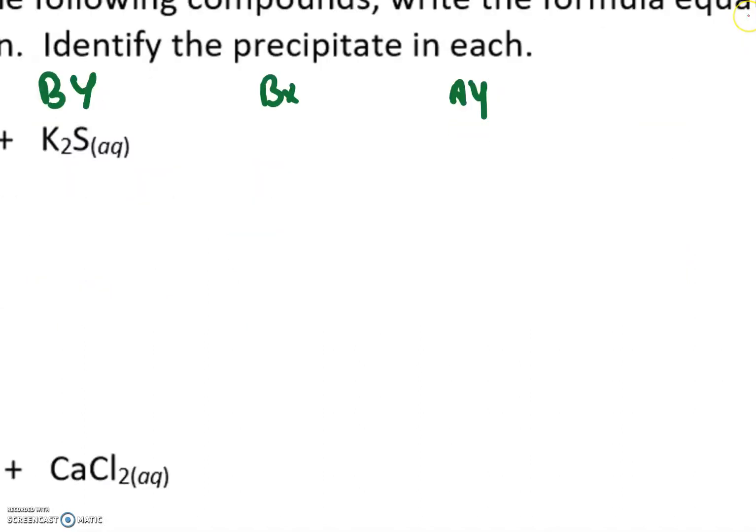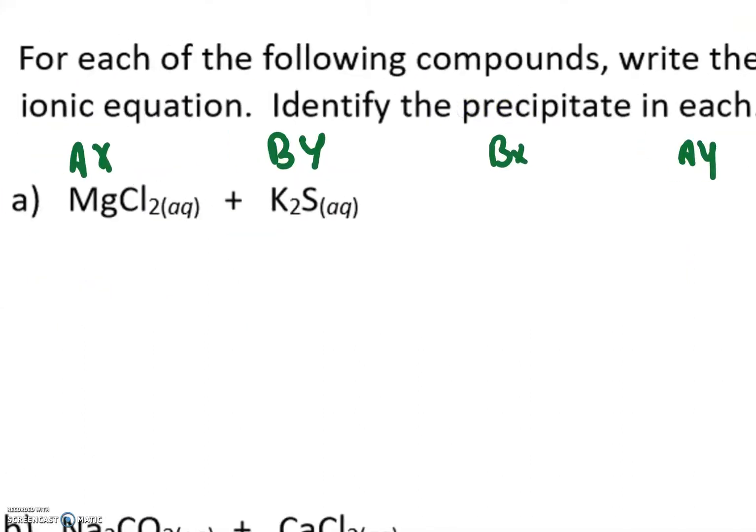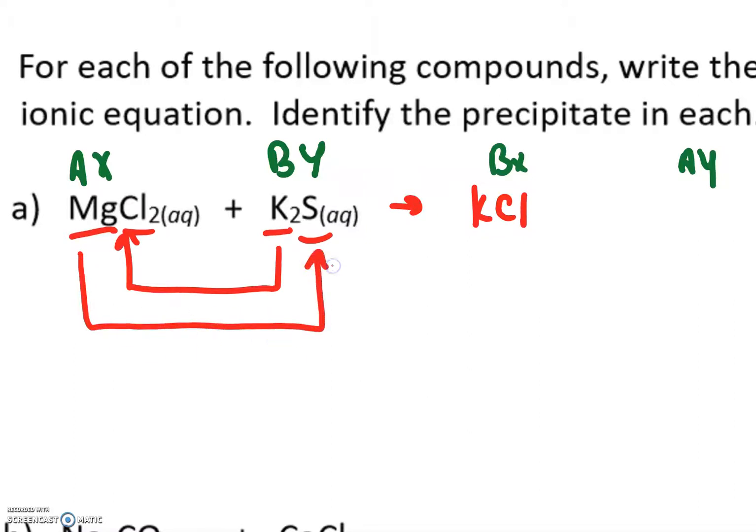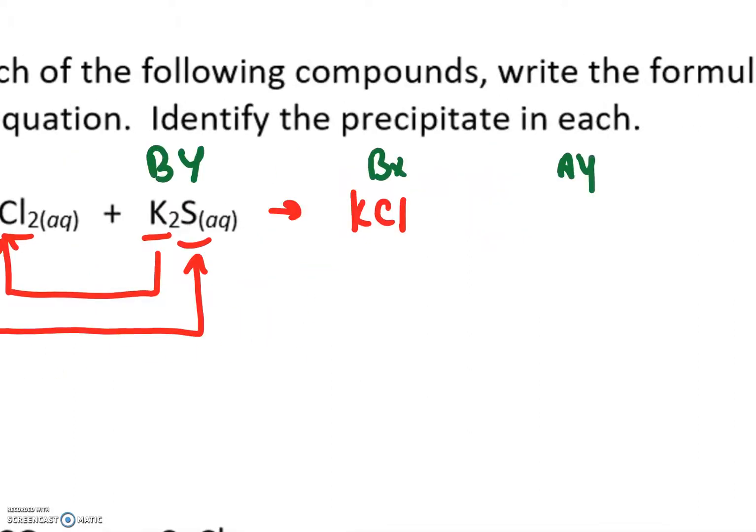All right, so here we go. We're going to take our A and our X and our B and our Y. We're going to make BX, which is going to be potassium chloride, and we're going to make AY, which is magnesium sulfide.